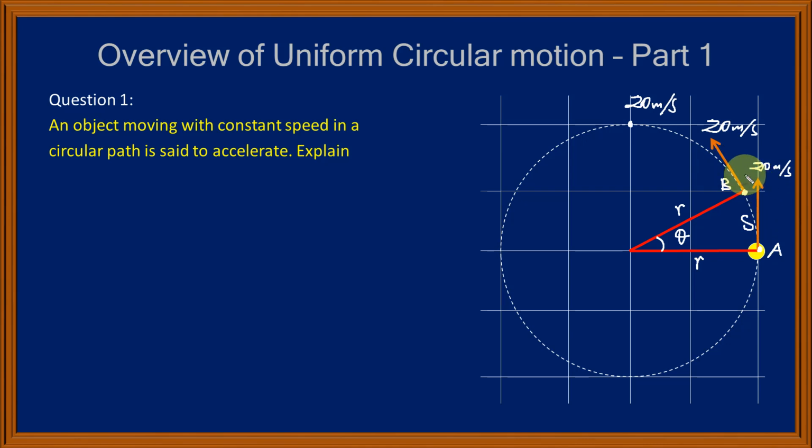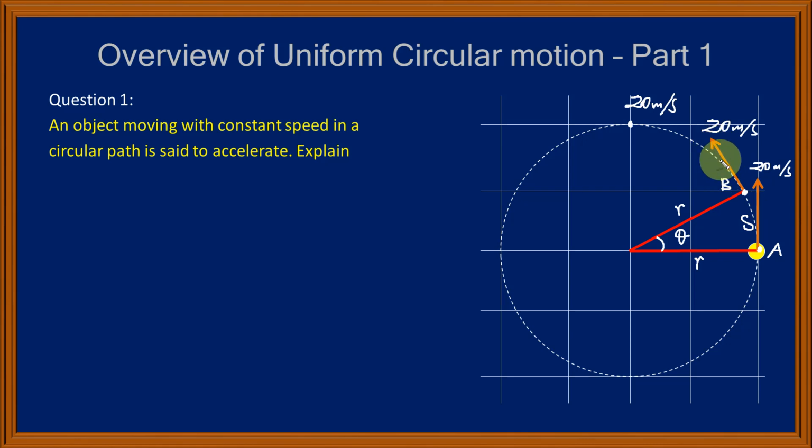So due to the fact that the direction of travel has changed, the velocity of this object has changed. Although this object has got uniform speed, its velocity is continuously changing because of the change in direction of travel.